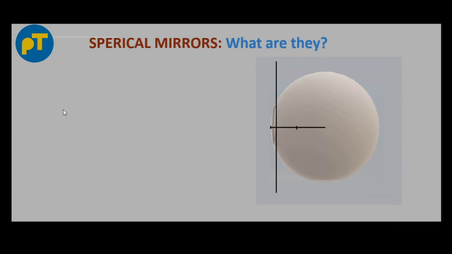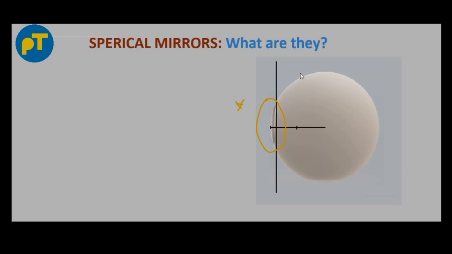Now let's understand some important points regarding the spherical mirrors. As we have discussed, here is the cutout portion, that is the mirror. Let's not decide which side is the reflecting side, outward or inward, we don't know yet. Let's just say it is the cutout portion.